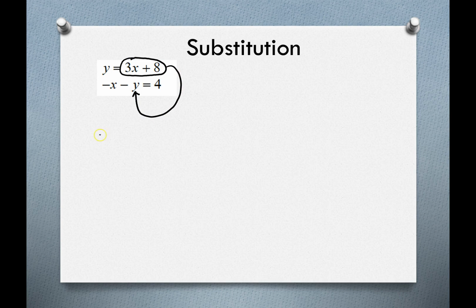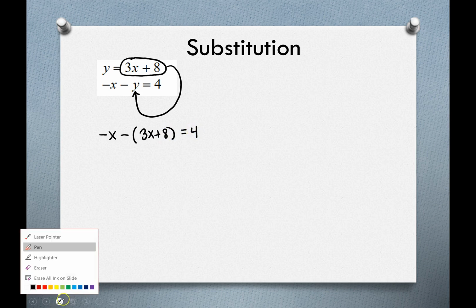And just be really careful. You need to make sure that if there is a negative in front of the y, you put your parentheses anytime you're going to substitute in for y, because we're going to have to distribute that negative. All right, so let me just kind of highlight what we've done here.